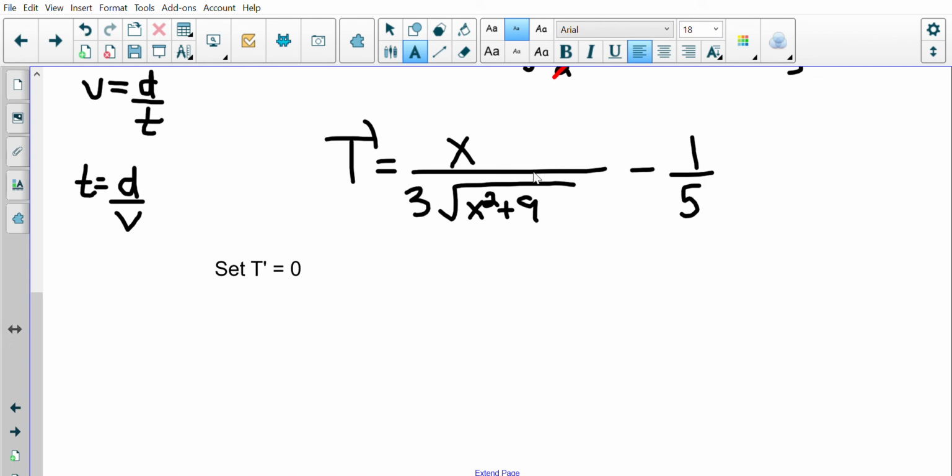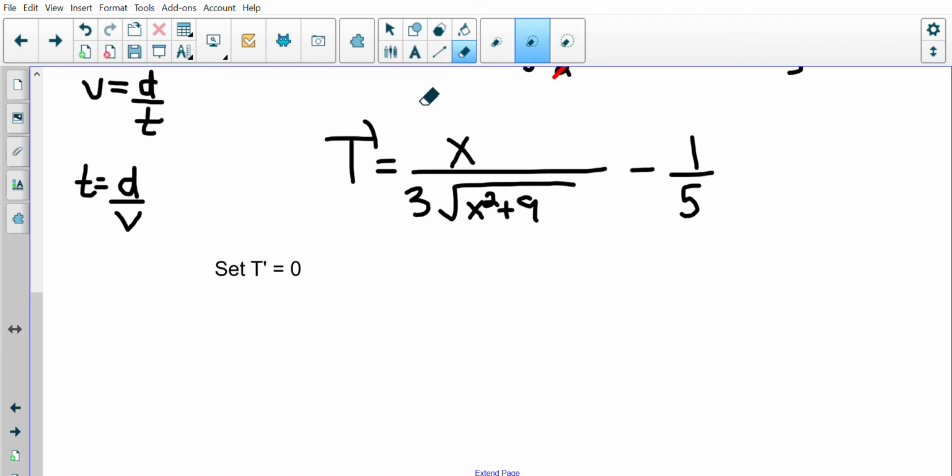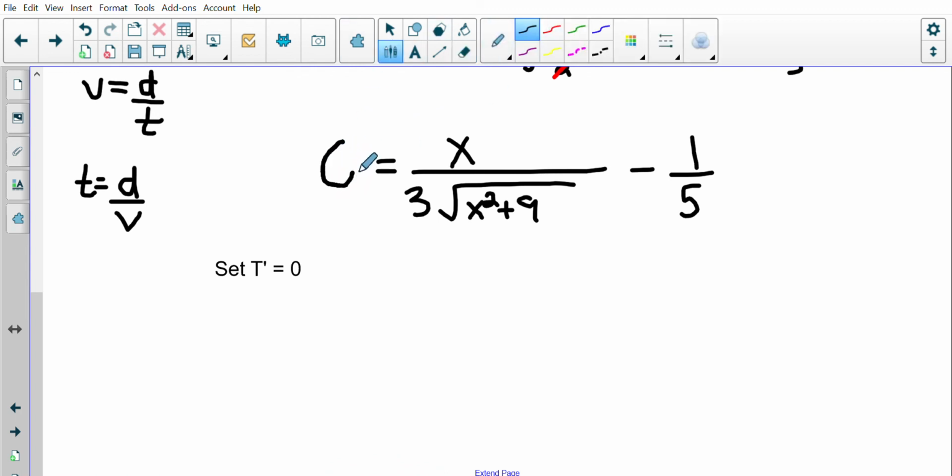All right, I'm going to take a shortcut here. There's our t prime. Let's make it 0. Now I'm going to move this negative 1/5 over to the other side, so it becomes a positive 1/5. Then I have a fraction equaling a fraction.